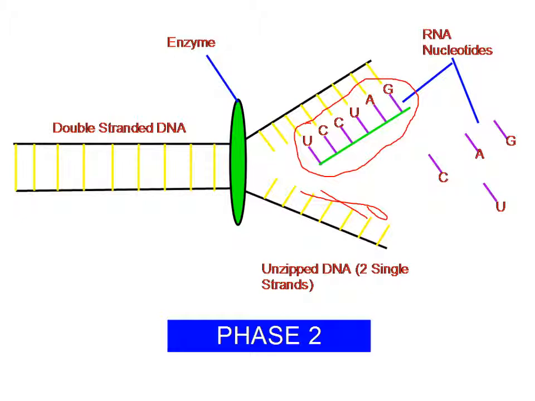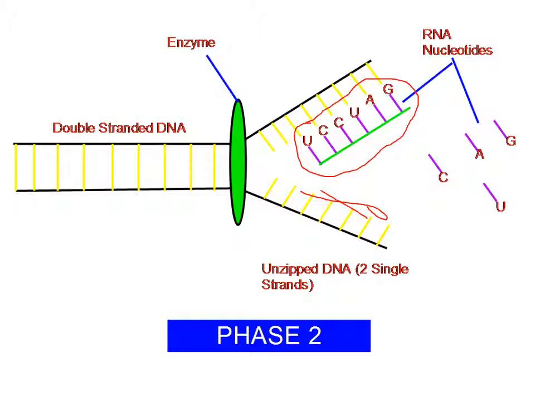So we have our double-stranded DNA that has been unzipped by the enzyme. The DNA is in yellow. We have RNA nucleotides being added to one strand of that yellow side. So at the top here where it says RNA nucleotides and the blue bars are pointing downward, you see that there is a G on the RNA.